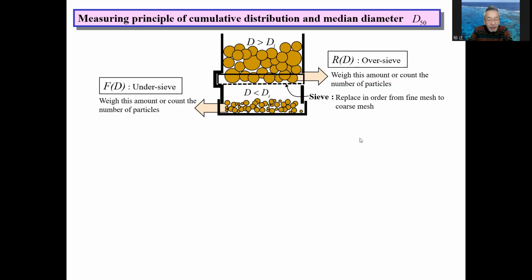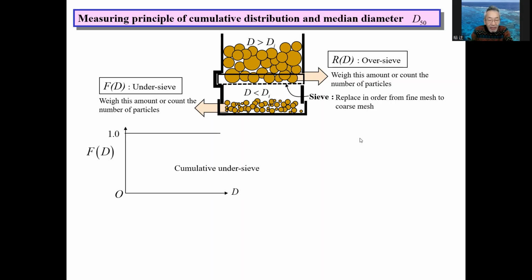The over-sieve method measures the amount of particles remaining on the sieve. In this lecture, the symbol Rd is used to express the fraction of particles remaining on the sieve.